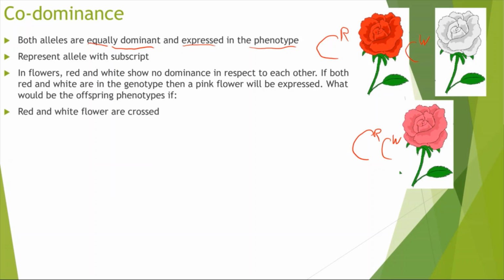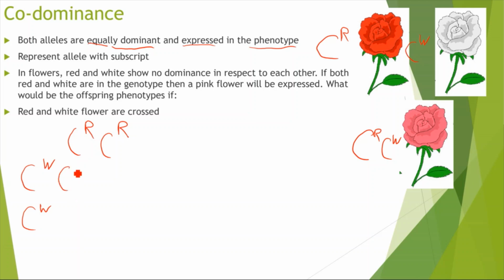So it's asking me what would be the offspring phenotypes if red and white flowers are crossed. So for the red, it would have to be CR and CR, because if we had CR, CW, I know that would be pink. So for the red, I would have CR, CR, and for the white, I would have CW, CW. So now I would just simply cross them like I did in a monohybrid cross.